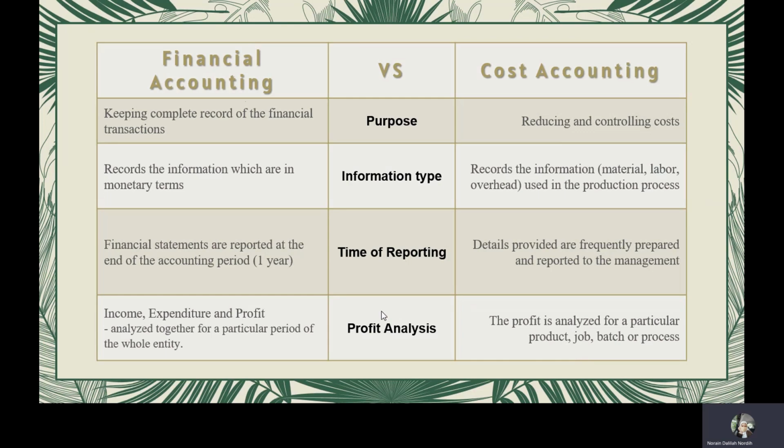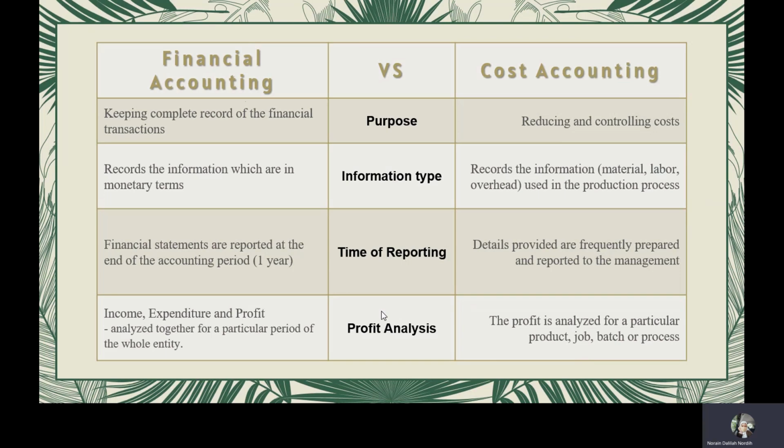The last difference between FA and CA is profit analysis. For FA, as you can see in the slides, income, expenditure, and profit are analyzed together for a particular period for the whole entity, while for CA, the profit is analyzed for a particular product, job, batch, or process.